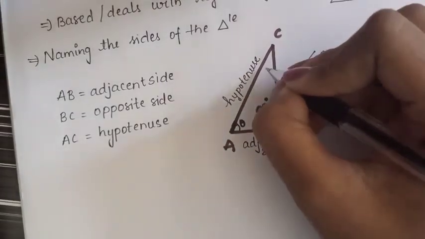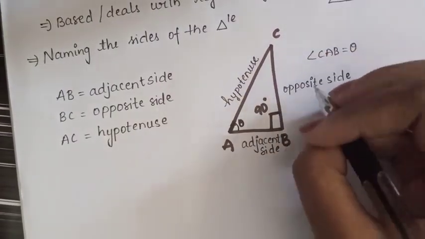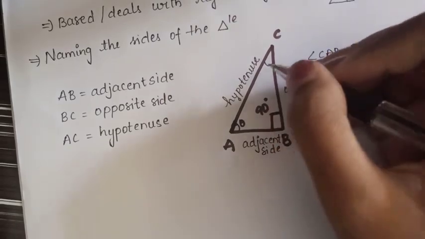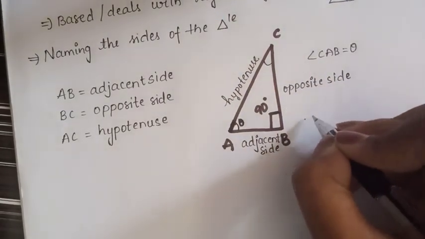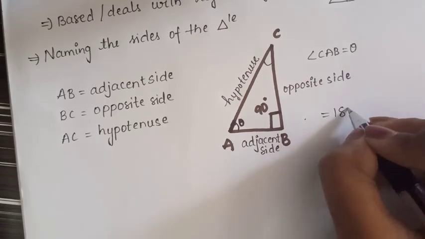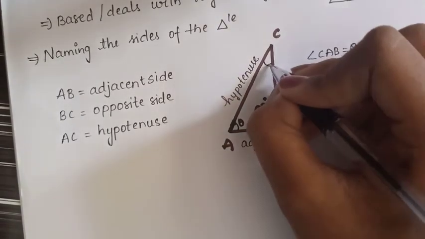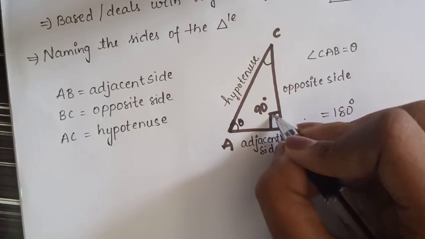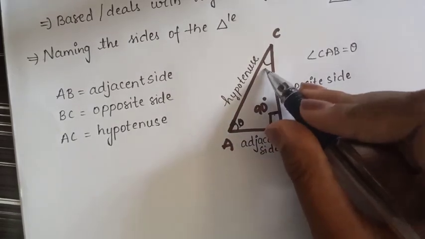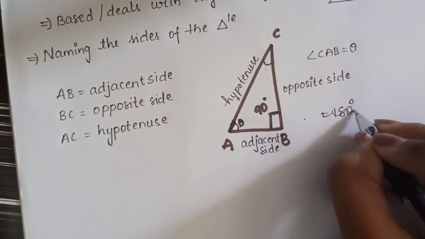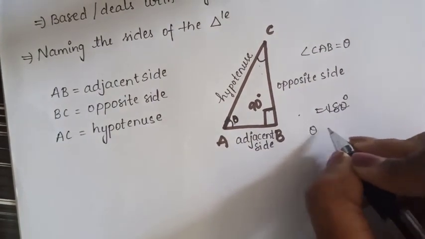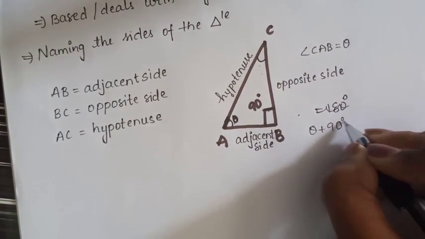Now, as per the rules of angles in a triangle, the sum of all the angles should be equal to 180 degrees, right? The remaining angle is unknown, since one is 90 and one is theta.